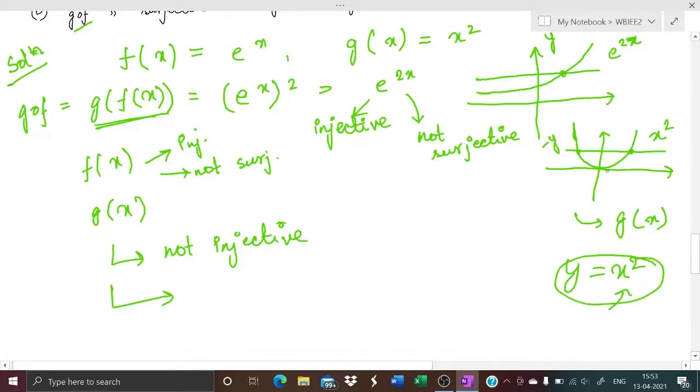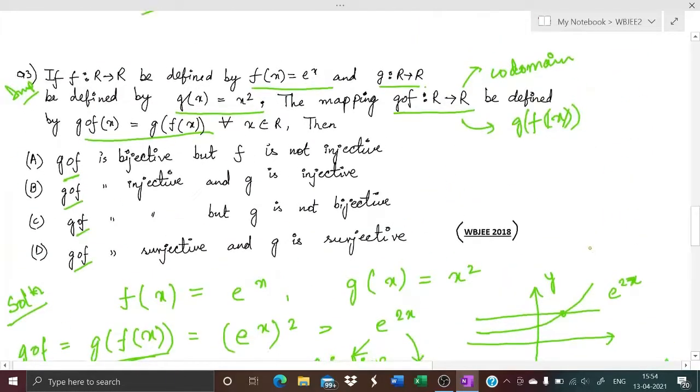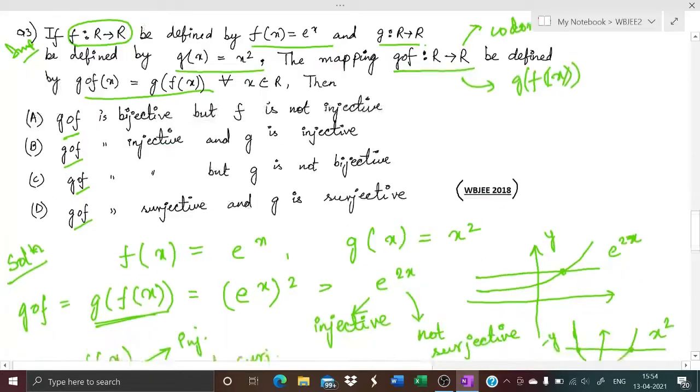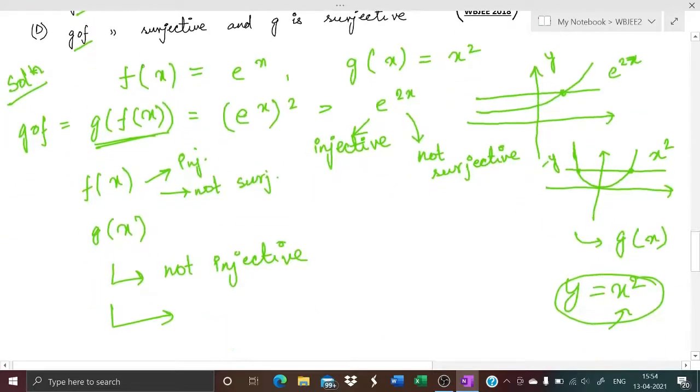And the codomain has been given as R. F is also a function from R to R. So here also R is given as the codomain and range is coming out to be only R plus, only the positive real numbers. So your g of x is also not a surjective function.